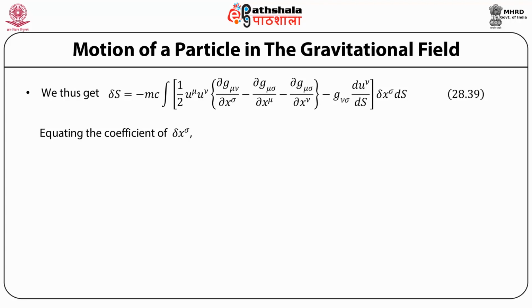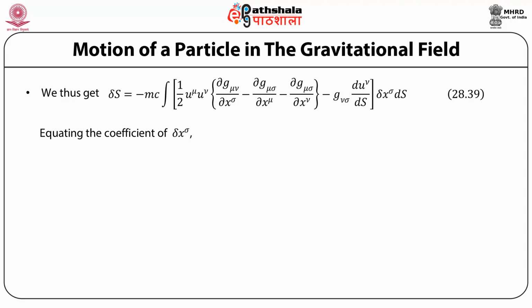We thus get δS = −mc ∫ {1/2 u^μ u^ν (∂g_μν/∂x^σ − ∂g_μσ/∂x^ν − ∂g_νσ/∂x^μ) − g_νσ du^ν/ds} δx^σ ds.